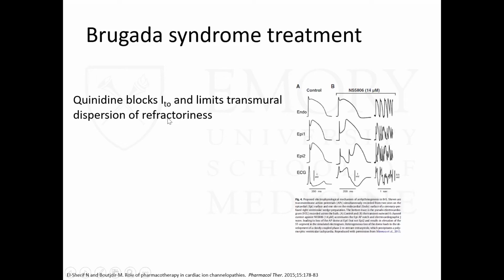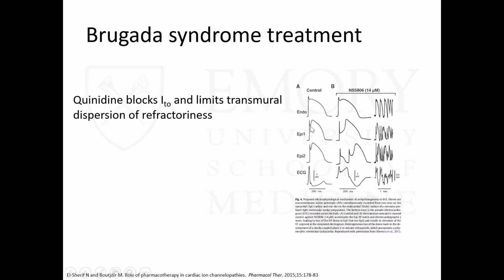The reason that quinidine is used to treat Brugada syndrome is that in addition to its sodium channel blocking activity, it also blocks this channel called ITO, which, if you remember back to one of our original slides, is a channel that is operative here during phase 1. It's actually responsible for this initial dip at the end of phase 0.